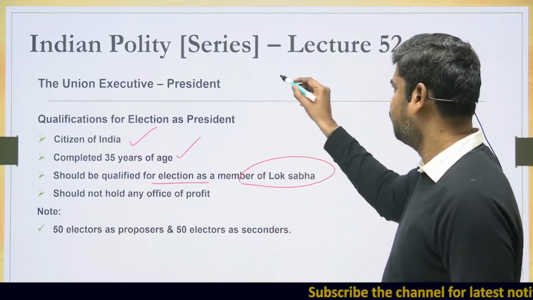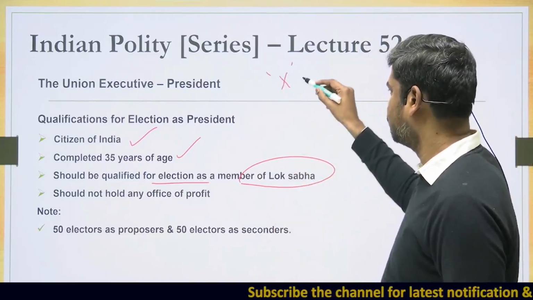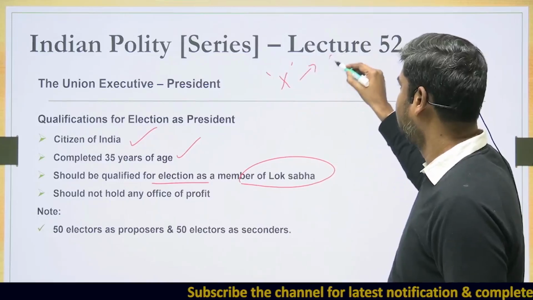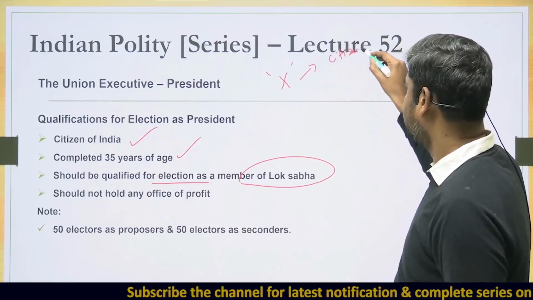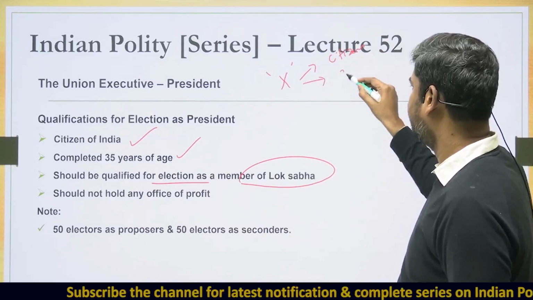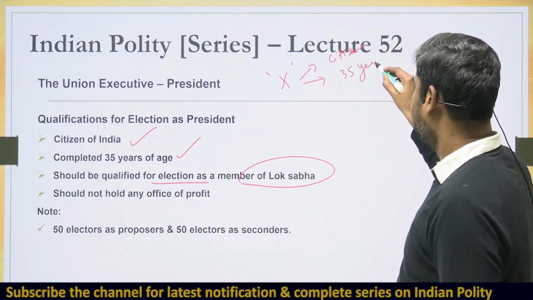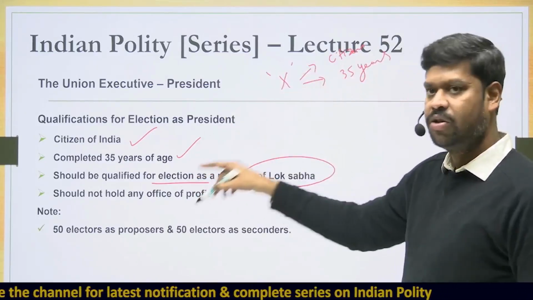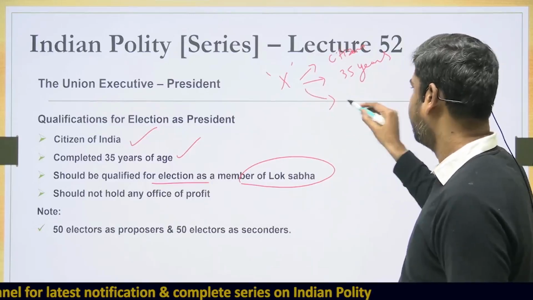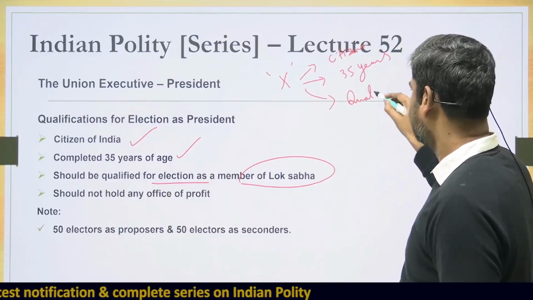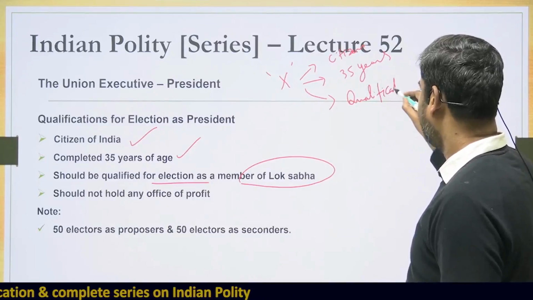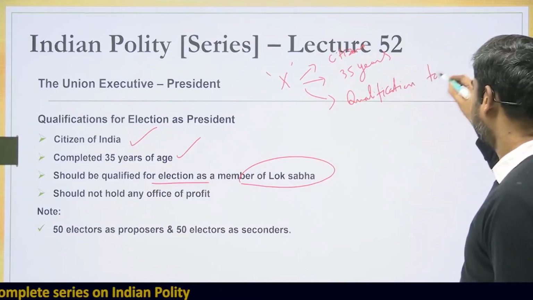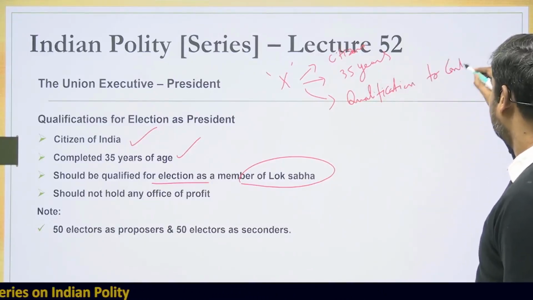For example, if X is a person who wants to contest the election, the condition he has to satisfy is he should be a citizen. If he is a citizen, then he should have completed 35 years. Then it is also mandatory under the Constitution that X should have qualification. And what qualification should he have? He should have qualification to contest election to Lok Sabha.